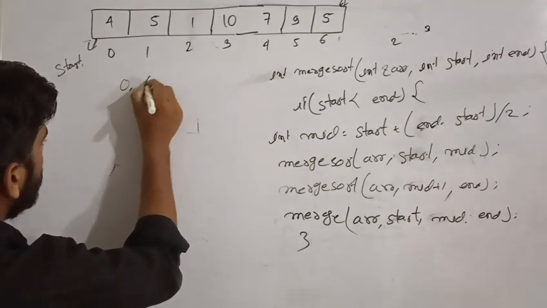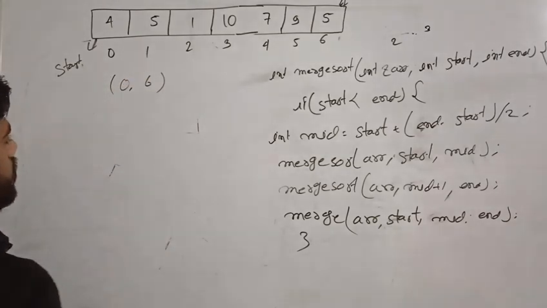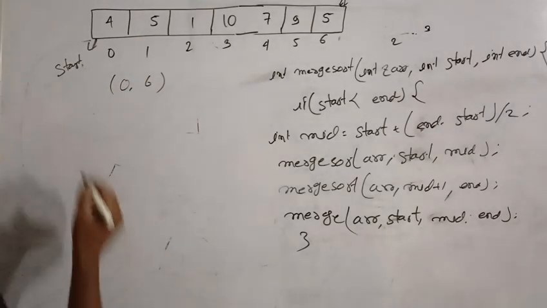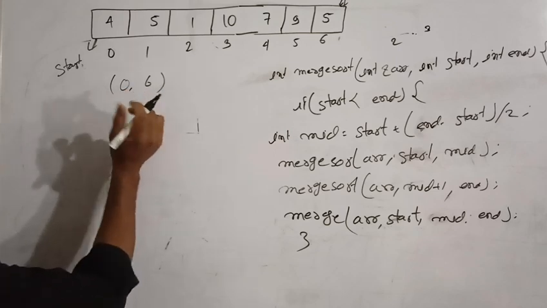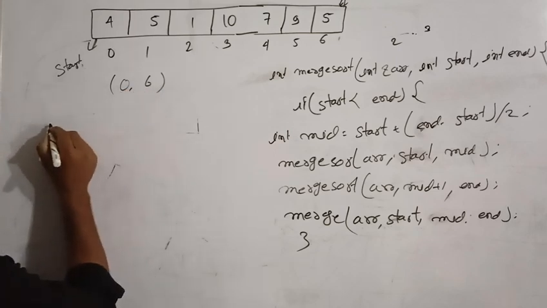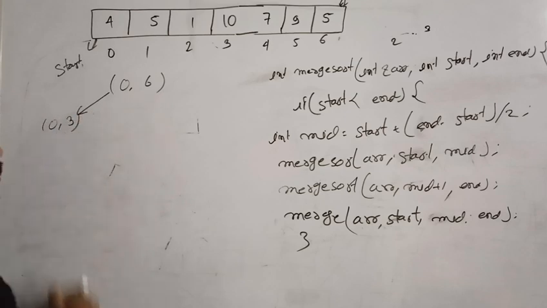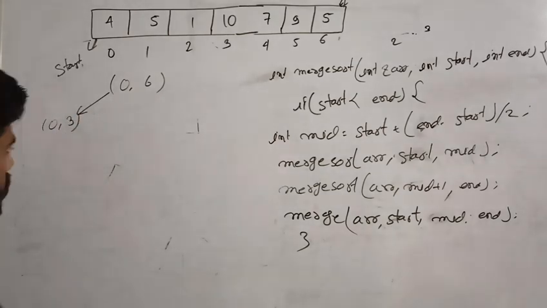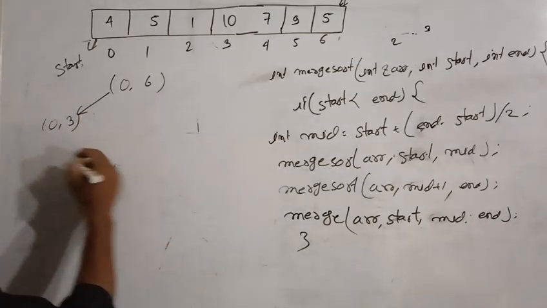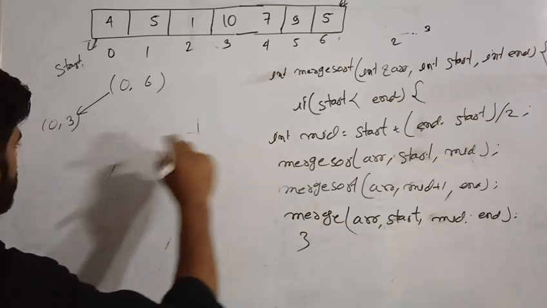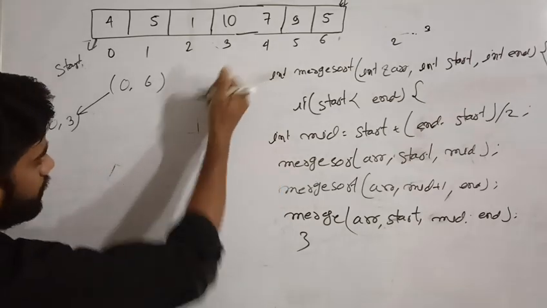Means we have indexes 0 to 6, and first of all it will be divided into two parts, means 0 to 3, 0 to 3. Now 0 to 3, okay, means our mid is 3.